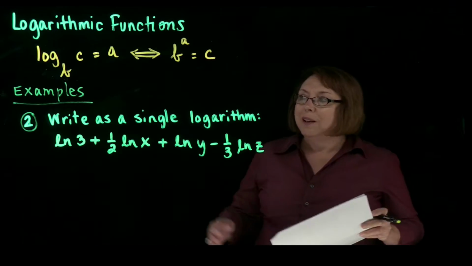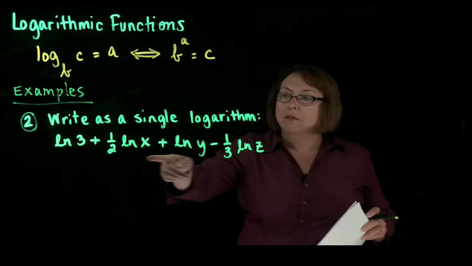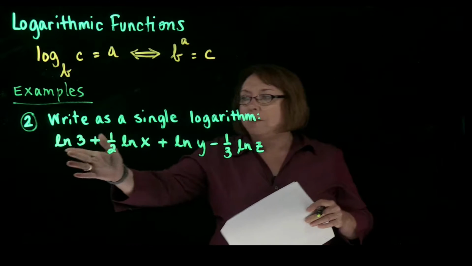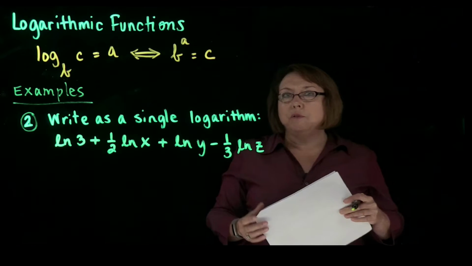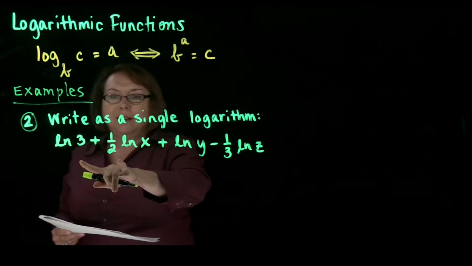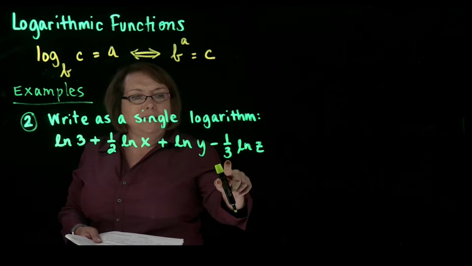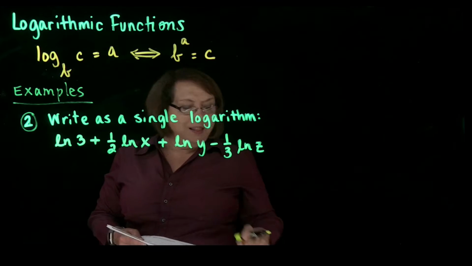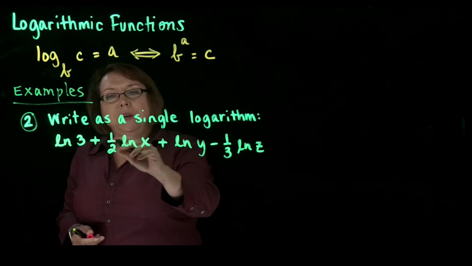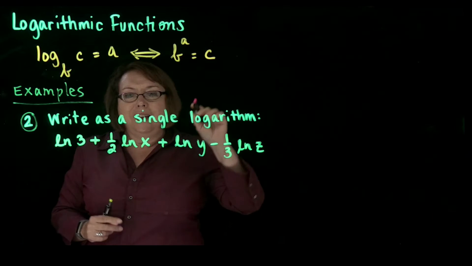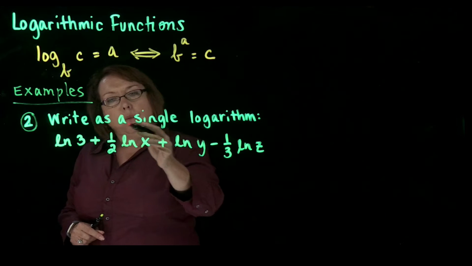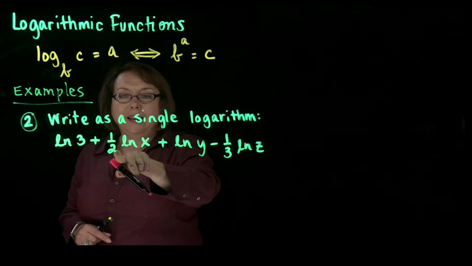For the next problem, we're going to write a string of logarithms as a single logarithm, so just as one. So what we want to do, going from left to right, is simplify these logarithms. So we have this 1/2 and this 1/3 here. That would be the first thing I would pay attention to before I go left to right. Because remember, if we have an exponent on the variable, or whatever follows the logarithm, we can bring that down and it's a multiplier, like you see here.